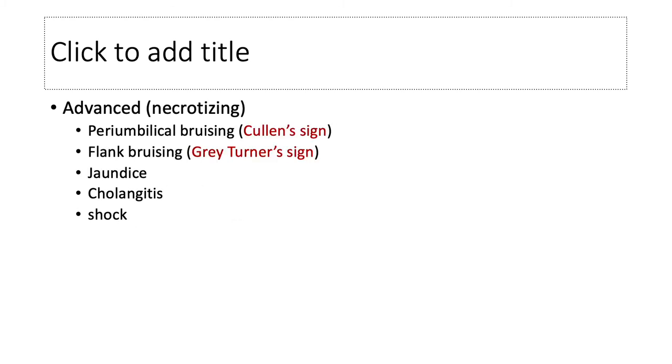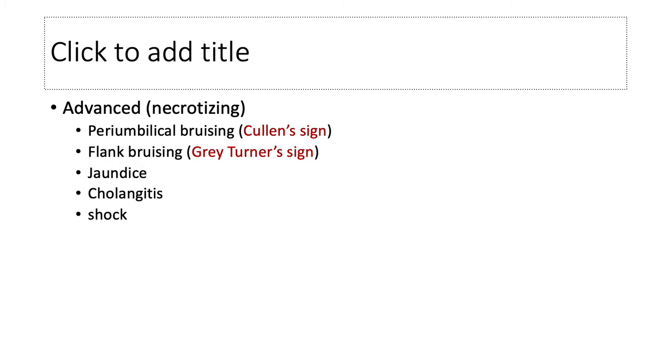Okay. So then we have the advanced necrotizing pancreatitis. This usually goes with the severe type of pancreatitis, and it involves perforation and bleeding in the peritoneum. Okay, so we will have something called periumbilical bruising, which is Cullen sign. We will have a picture about it, and a flank bruising, which is called Grey Turner sign.